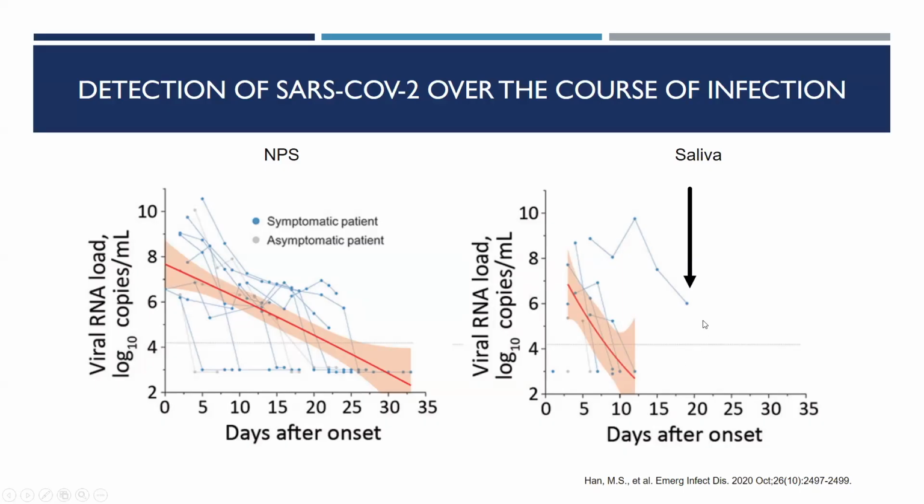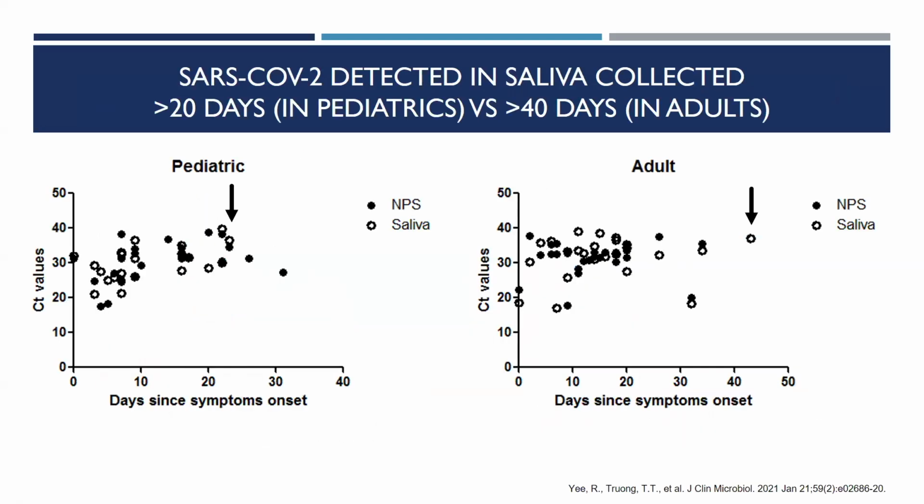However, they did have 1 patient who was symptomatic, and they were able to actually detect nucleic acid material up to 20 days post-symptoms onset. And this was actually a finding that we were also able to replicate in our patient population as well.